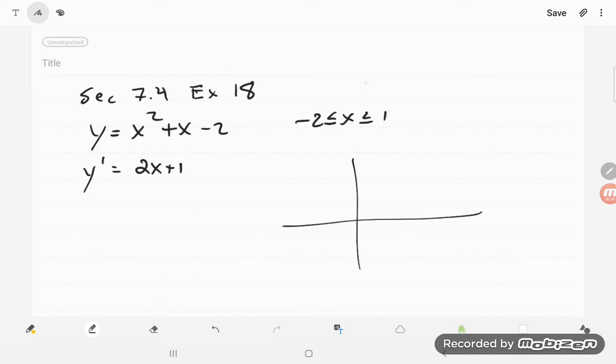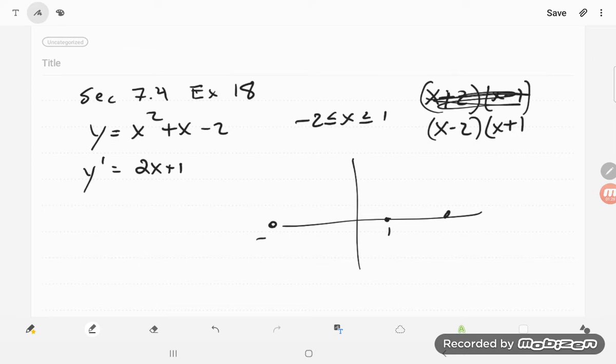Right, if I factor that, it's what, x plus 2 and x minus 1. So there's 1, and here's negative 2, right? Okay, x minus 2, that's what I started to say, I think, and then x plus 1.